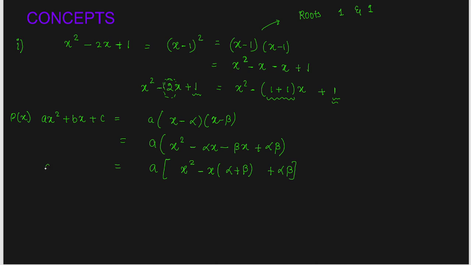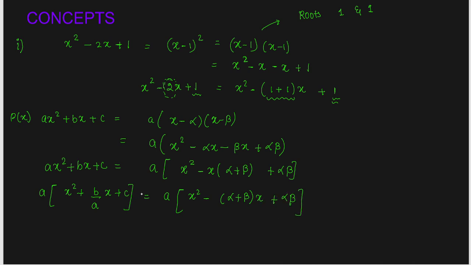Now this is equal to ax square plus bx plus c. If I take a common, what I'm going to get is x square plus b over a of x plus c over a, which is equal to x square minus (alpha plus beta) of x plus alpha beta.